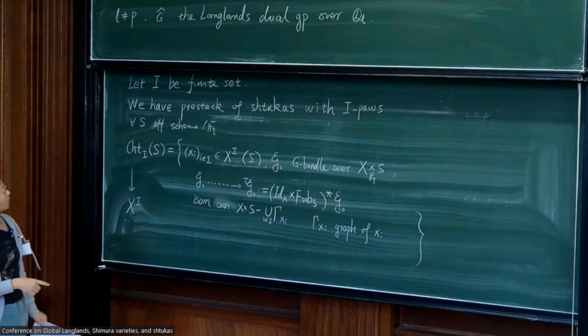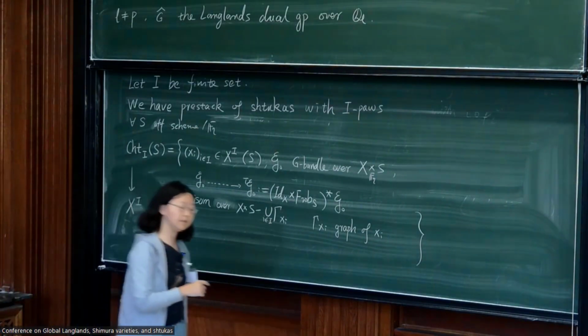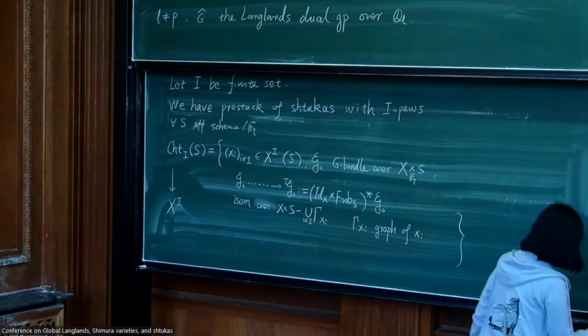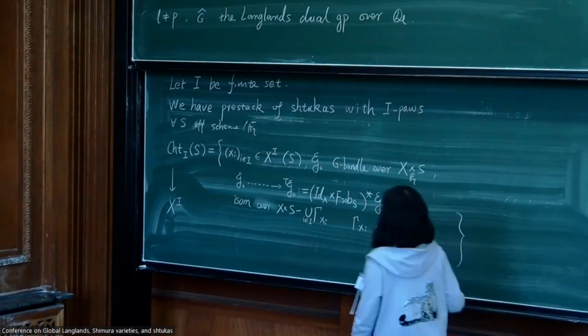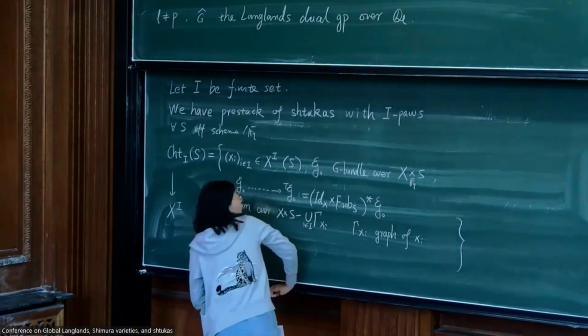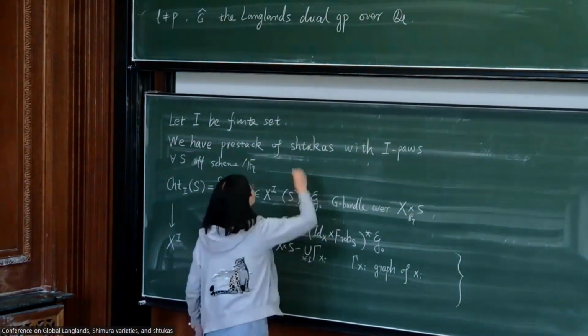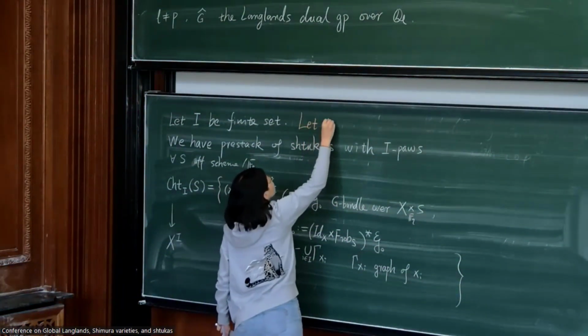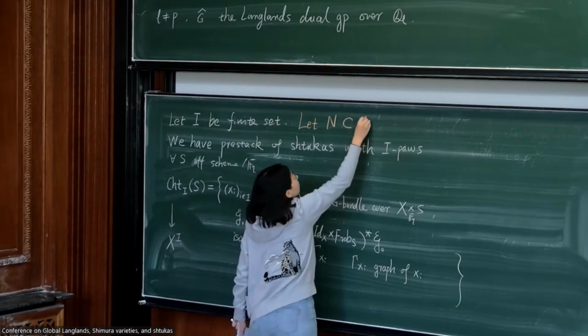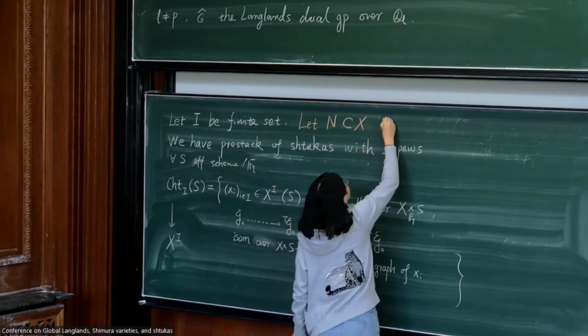And now let's consider shtukas with level structure. Let N be a closed subscheme.